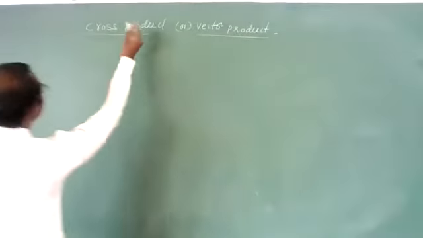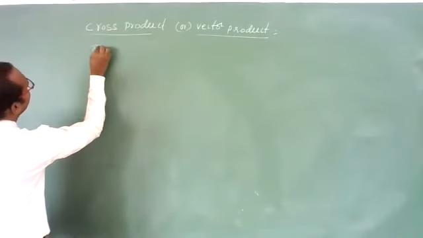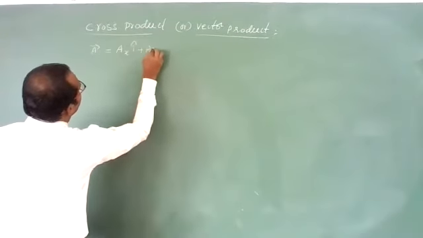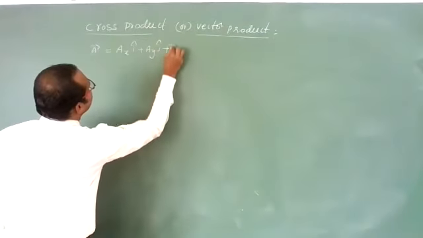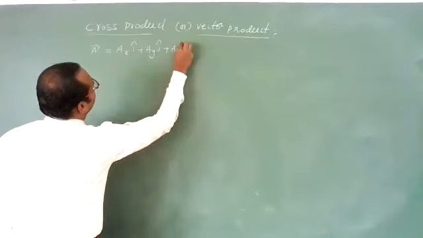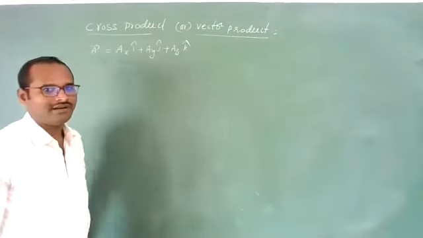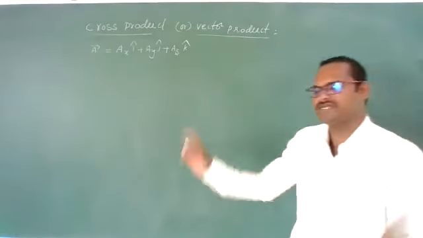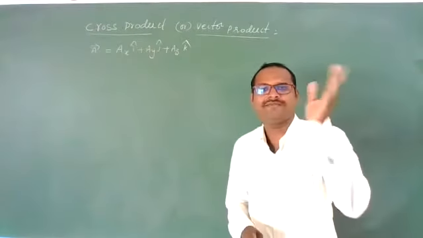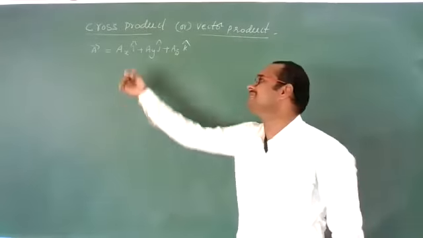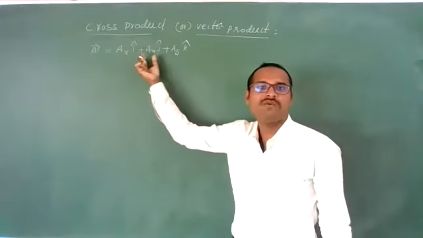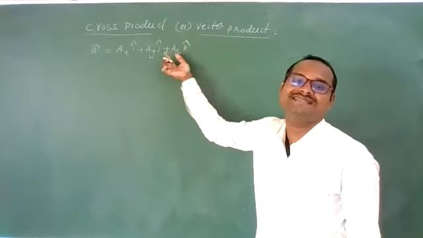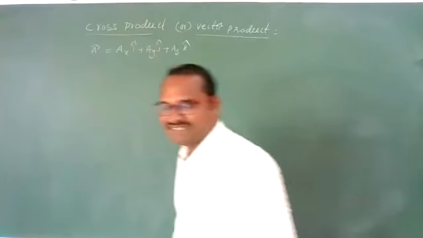Let us suppose, students, we are having a vector A bar like this: Ax i cap plus Ay j cap plus Az k cap. It means the vector is lying in xyz space. The value of that vector A bar along the x-axis is Ax, along the y-axis is Ay, and along the z-axis is Az. One vector is there like that.